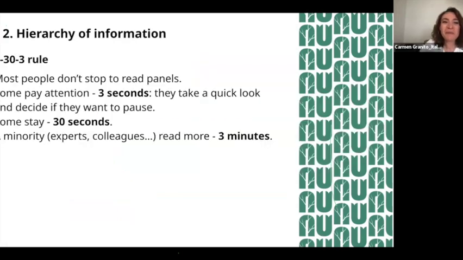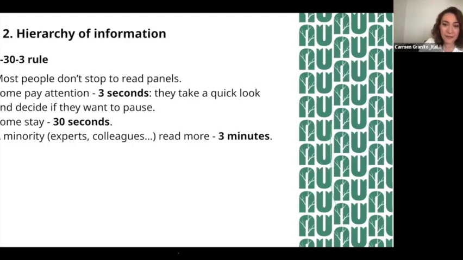Then, very important to remember, there is a hierarchy of information that we should follow in panels. As I said at the beginning, most people do not stop to read panels. They completely ignore them. Some of them pay attention for approximately 3 seconds. What do they do in those 3 seconds? They take a quick general look at the panel and decide if they want to pause or walk past it.